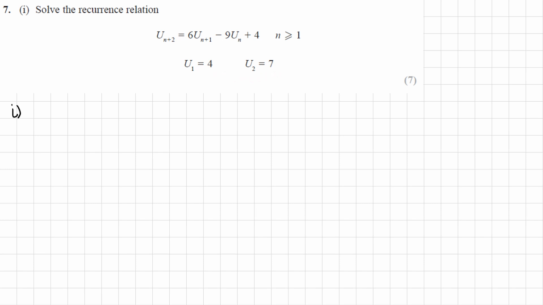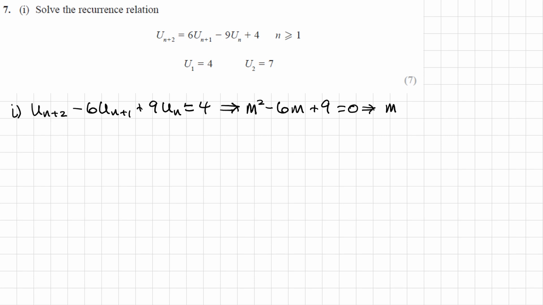Okay, so the first thing I'm going to do is just rearrange this and write it as u n plus 2 minus 6u n plus 1 plus 9u n is equal to 4. So I'm going to start by forming and solving the characteristic equation. That's going to be m squared minus 6m plus 9 equals 0.